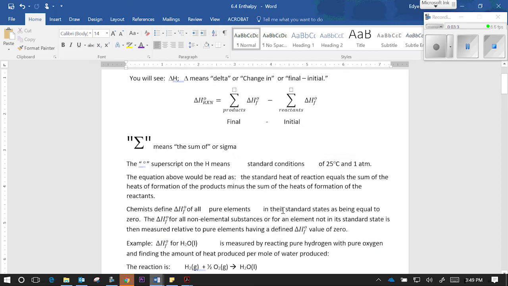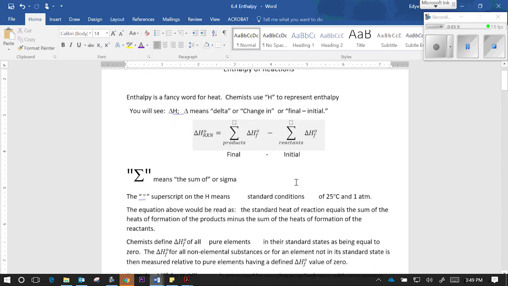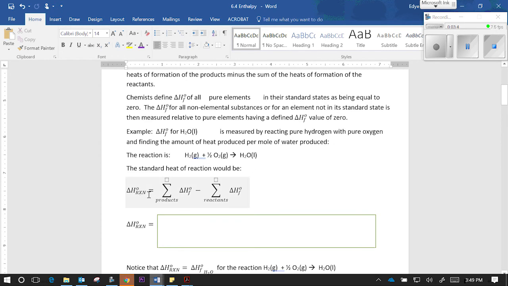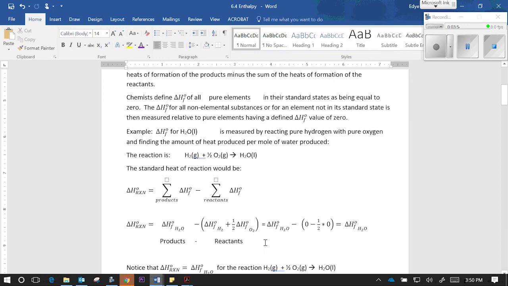The heat of reaction, remember, is products minus reactants. So the heat of reaction for any reaction, no matter what kind of reaction it is, is always products minus reactants, where we use the heats of formation in this equation. So I'm going to now turn these symbols into a new set of symbols.